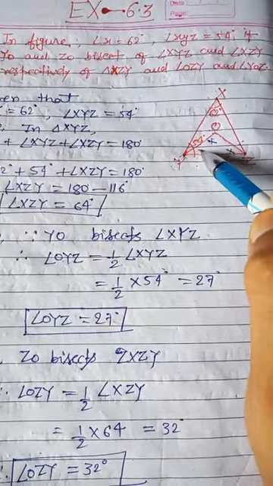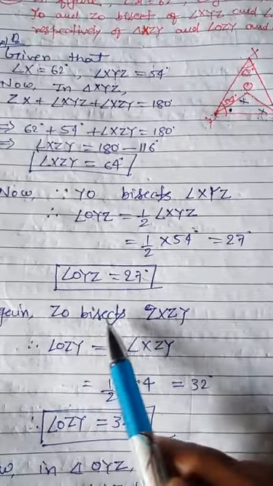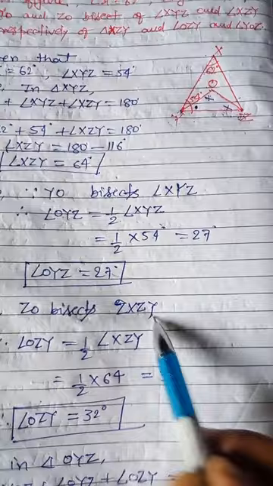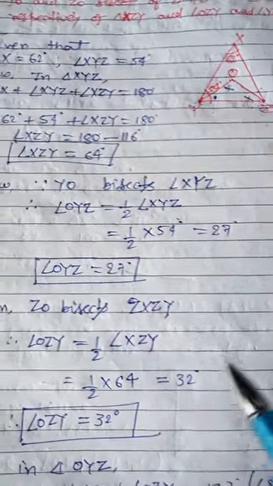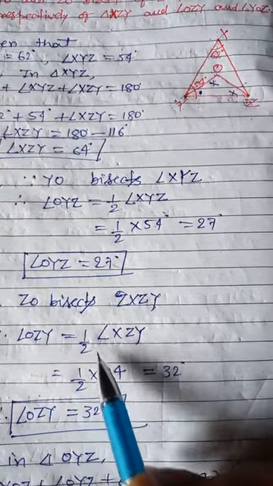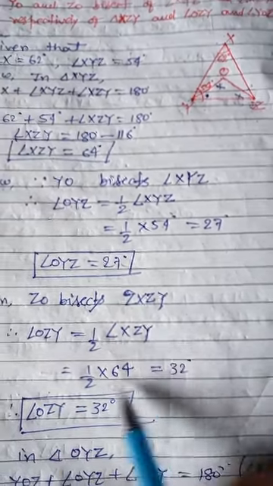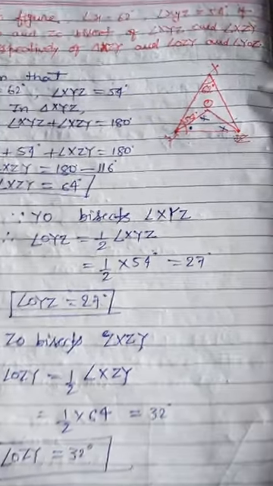The value of this angle is 27 degrees. Again, ZO bisects angle XZY. So angle OZY is equal to half of angle XZY. So the value of OZY is 32 degrees.